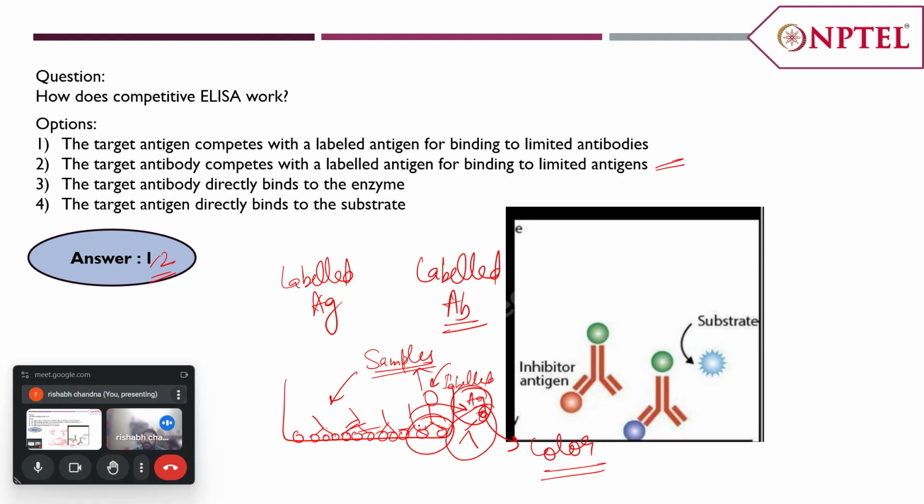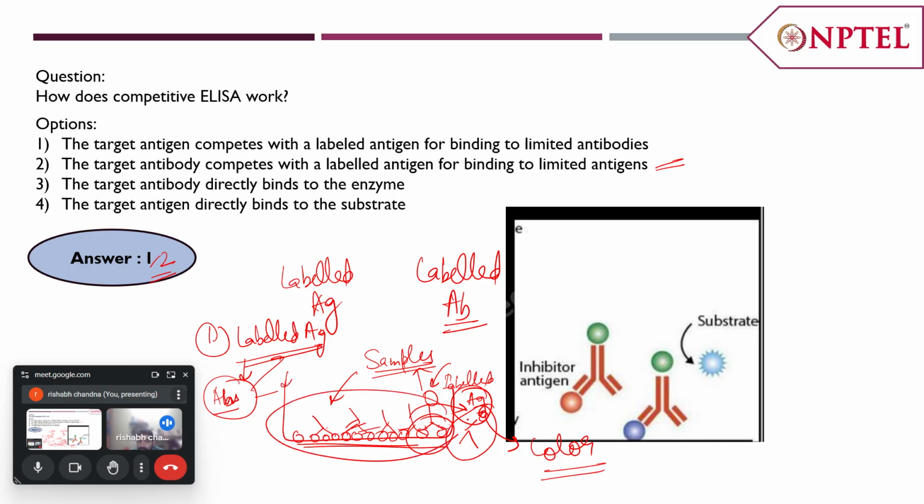So in the first case, with labeled antigen, most of the antibodies would have bound to the antigen that we have. Only the antibodies free to bind to this antigen will give the result, so the color or detection would be less.